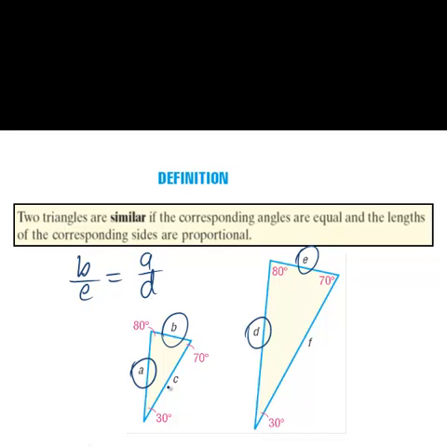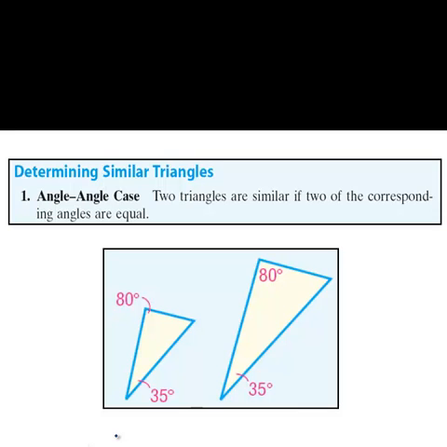Or we could say that C is to F as, I don't know, B is to E. Or even the ratio could be written like this: F is to D as C is to A. Okay? The proportions hold between the two triangles.